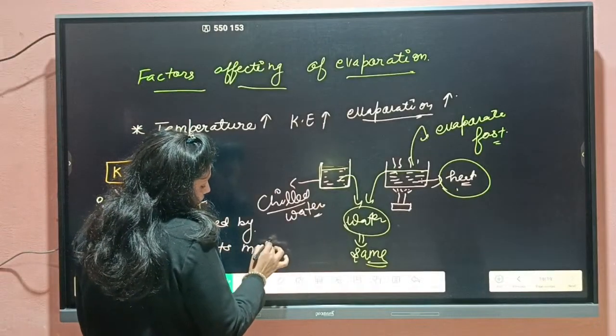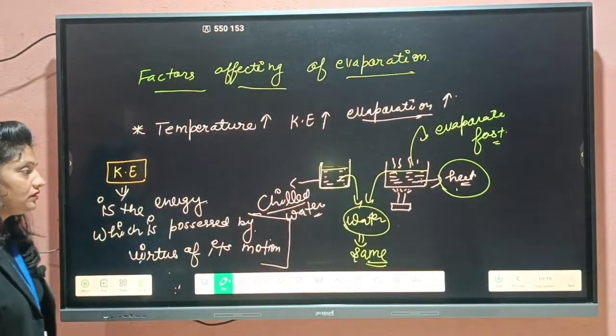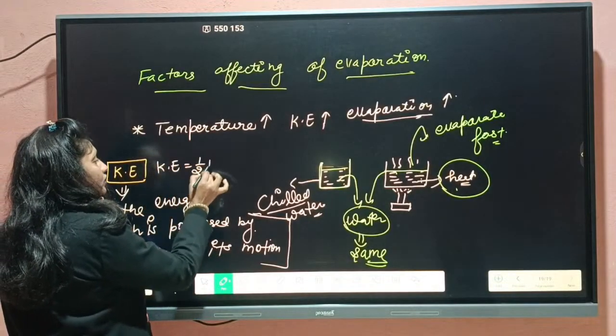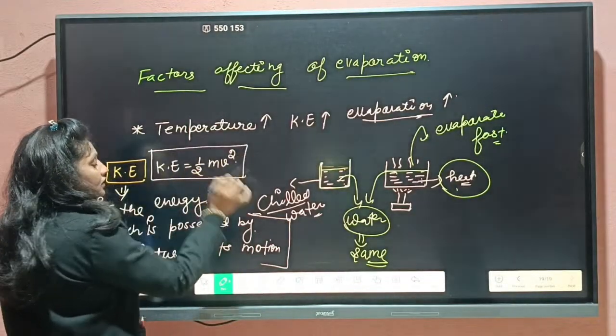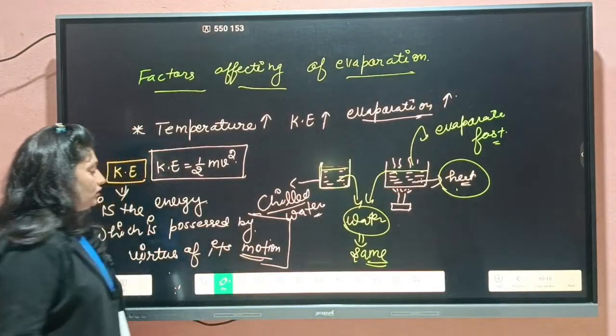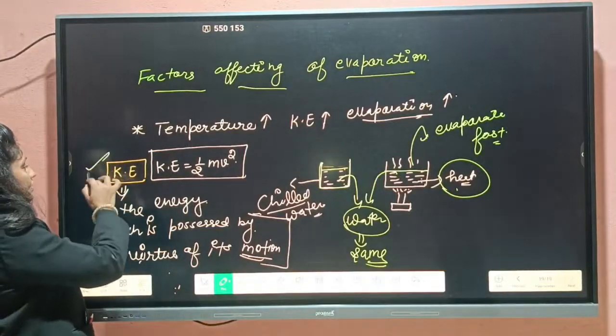Means the energy which is due to the motion is known as the kinetic energy. Kinetic energy formula, students, is half mv square. It depends on the motion which is possessed by virtue of its motion. That is known as the kinetic energy.